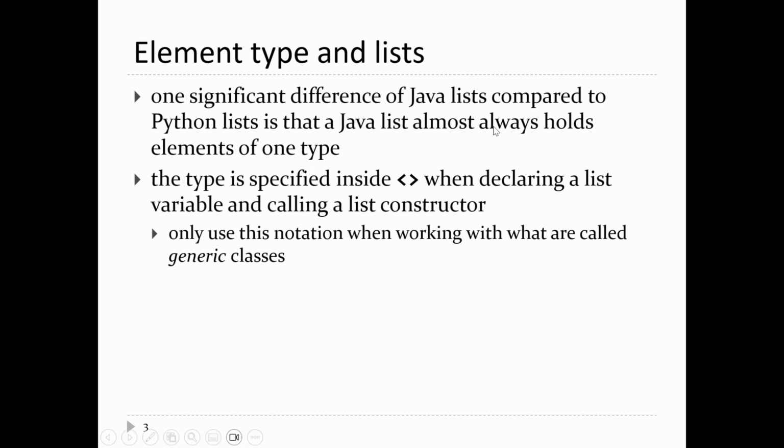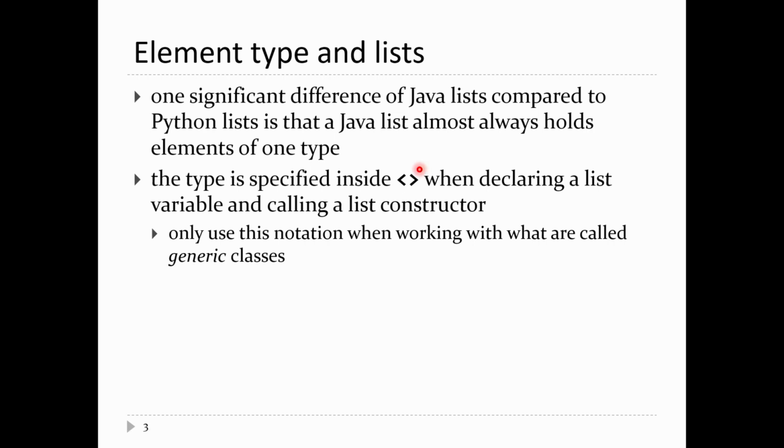You can do that in Java, but you have to do it in a very specific way. Most of the time when you use a list in Java, it's a list of a single type. You can have a list of integers, a list of booleans, a list of lists, which is fine. But normally you don't mix the element type in a Java list.